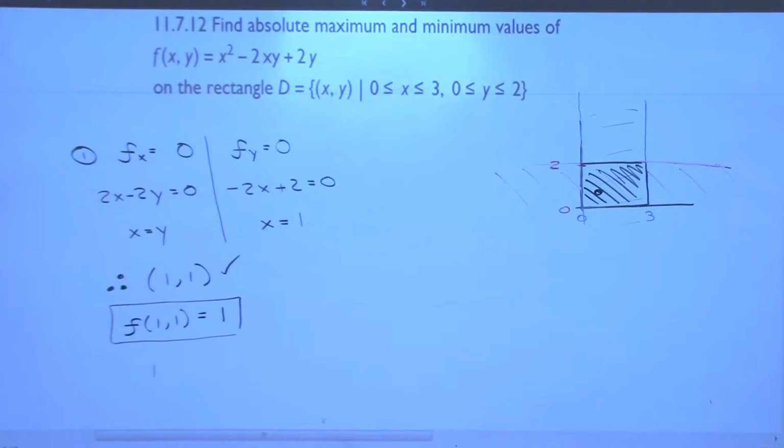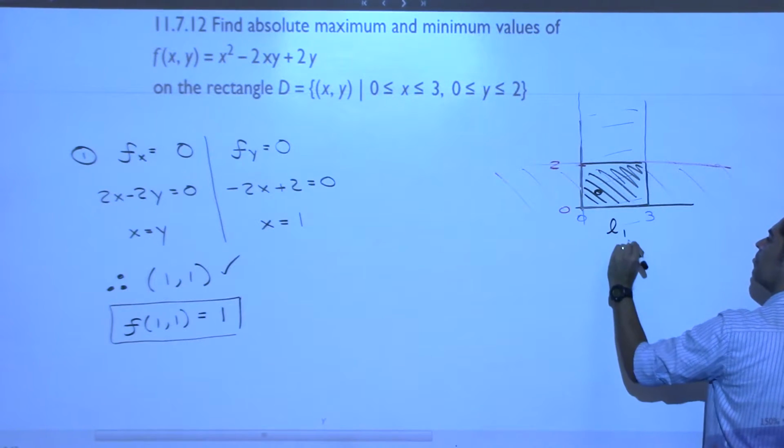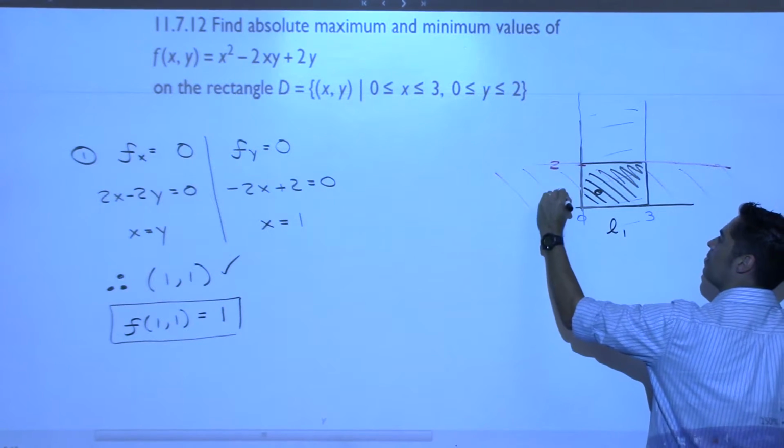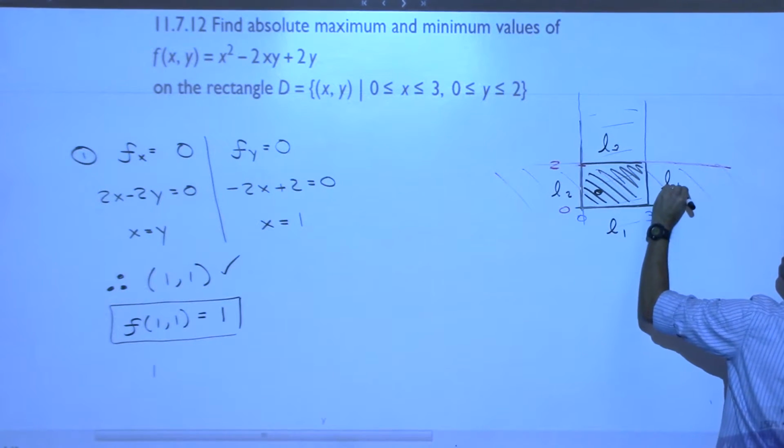All right, that part's done, yes? Now, we're going to move around this closed bounded set. So we're going to break it up into how many different pieces here? 4, okay? 4 pieces. So here's what we'll do. Let's define this to be L1, and let's go clockwise. L2, L3, and L4.